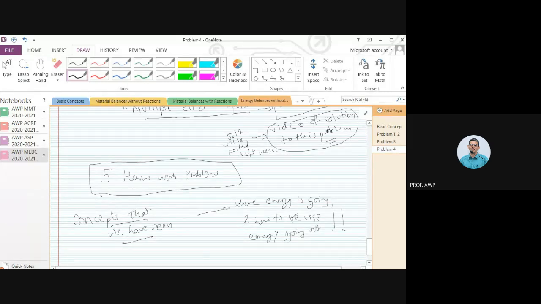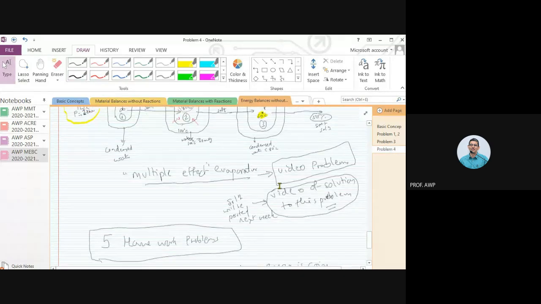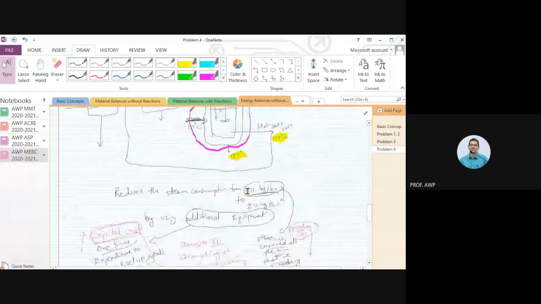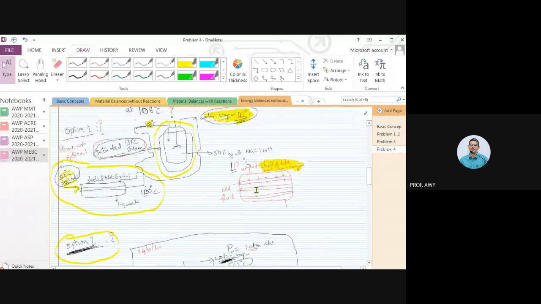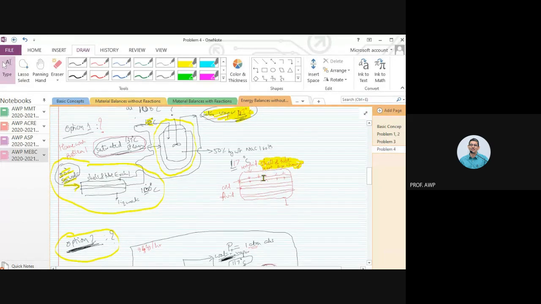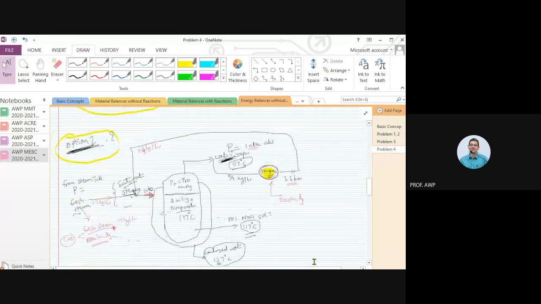That is a concept. Either we use the energy going out by option number 1, by using it to preheat the seawater, or option number 2, reuse the heat by compressing it to a higher pressure. Sure, we will use slightly more energy, we will use the electricity as well, but we are reusing the heat.